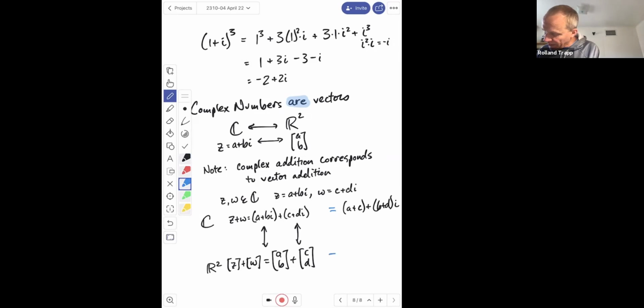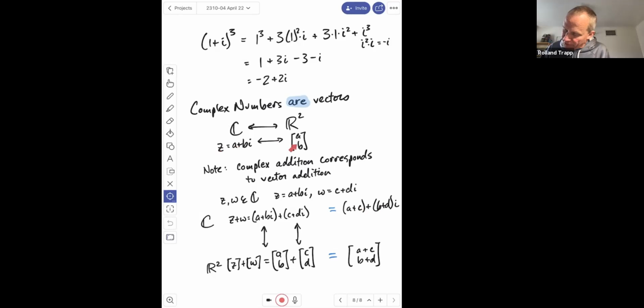And if I do the vector addition down here, you know that you add entry-wise, so you get (a plus c, b plus d). What you notice is that if I take this sum and find its corresponding vector in R2, I get exactly the sum of the vectors that correspond to the original complex numbers.